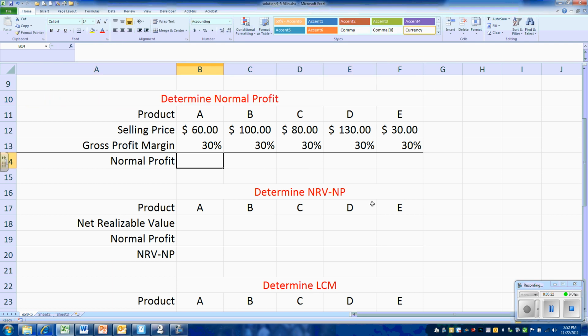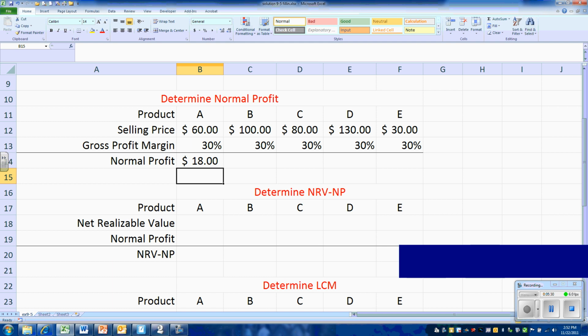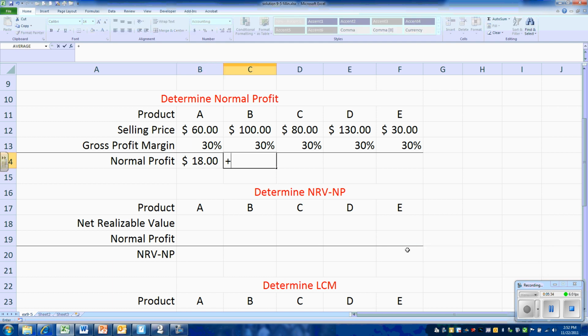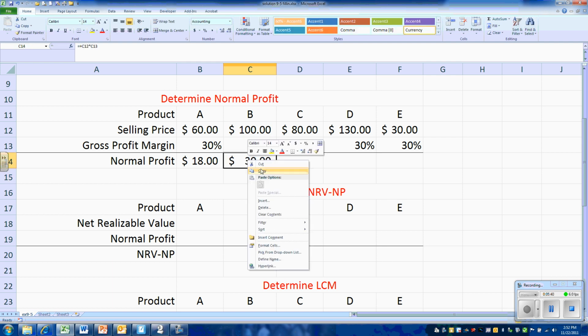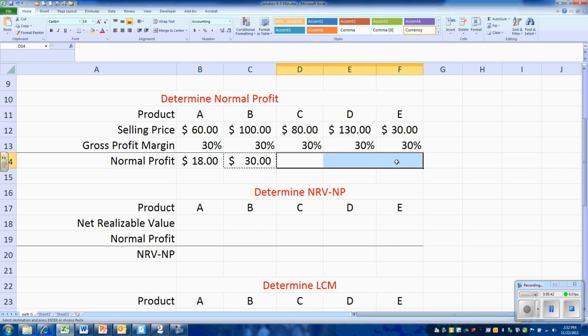So the normal profit for product A would be the selling price of $60 times the profit margin of 30%, or $18. Product B would be 100 times 30%, or $30. And we can copy and paste that across. So now we have our normal profit for each of these products.